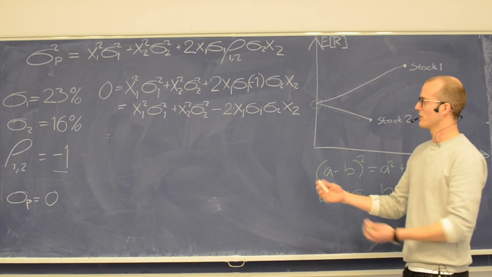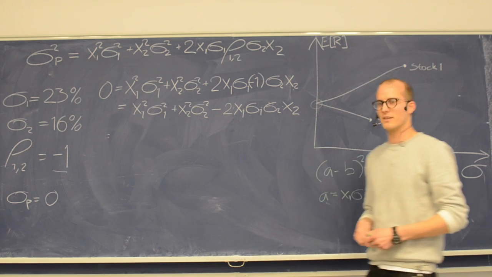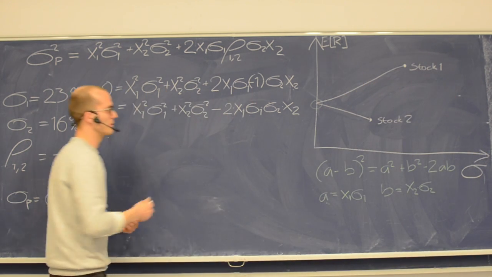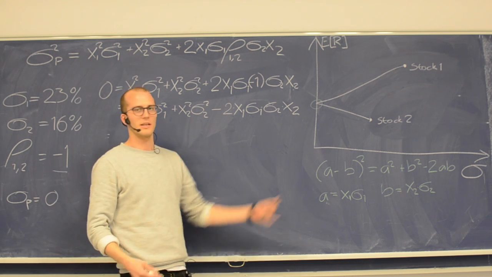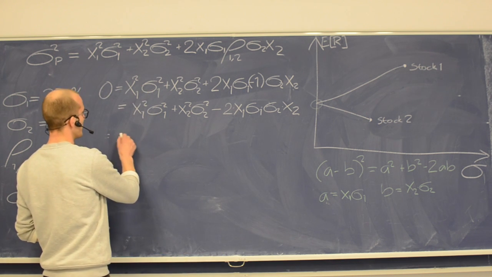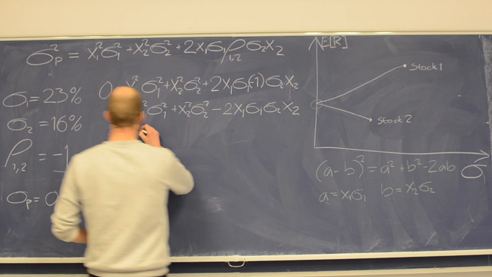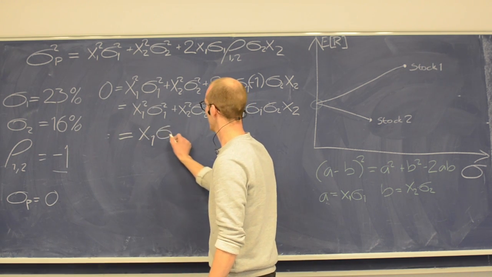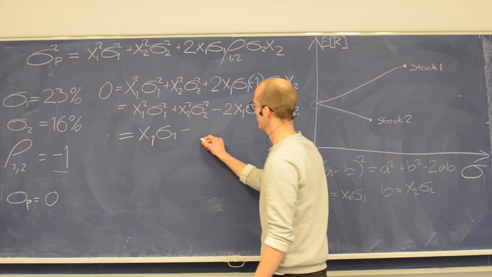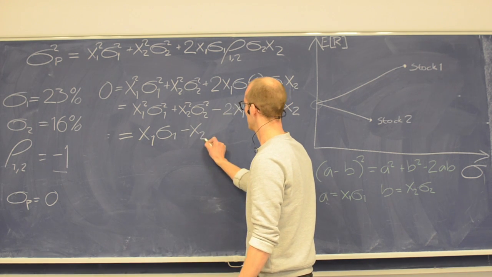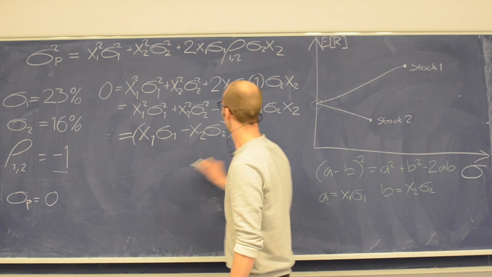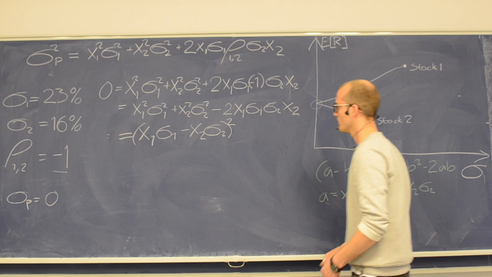If it can be done in that way, then it can also be done the other way around. So we can write this in a simpler manner with the help of brackets: this is equal to x1 times the standard deviation of 1 minus x2 times the standard deviation of 2, raised to the power of 2.